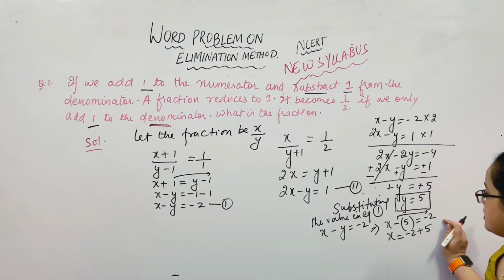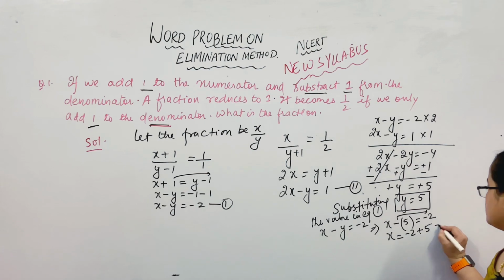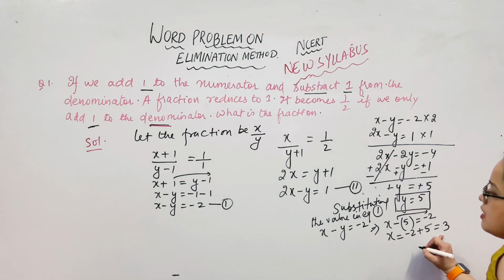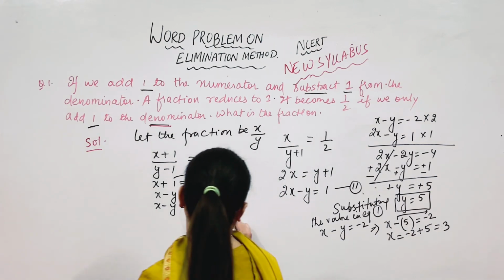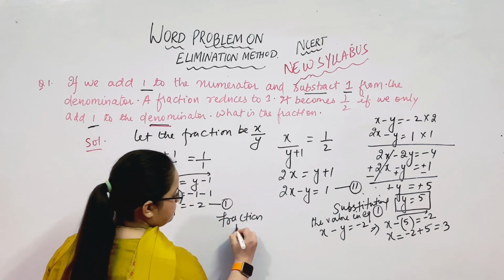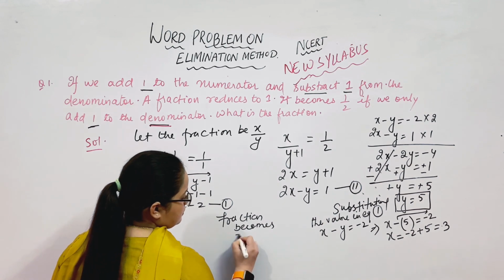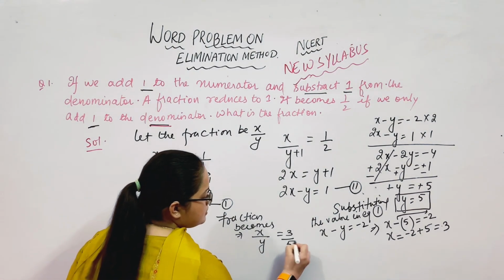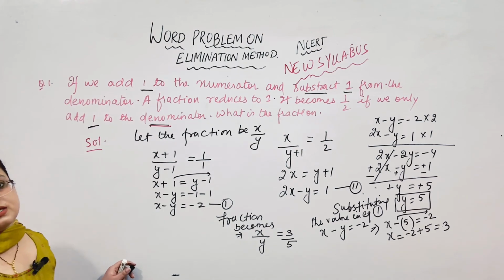Minus 5 will go to another side. It will become plus 5. So, I am getting x as 3. So, when x is 3, our fraction becomes x over y, that means x is 3 and y is 5. Hope this question is clear to you.